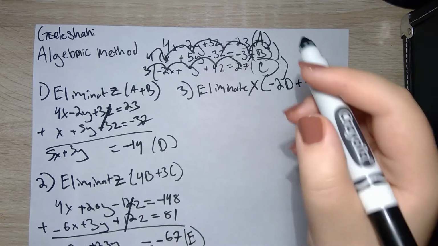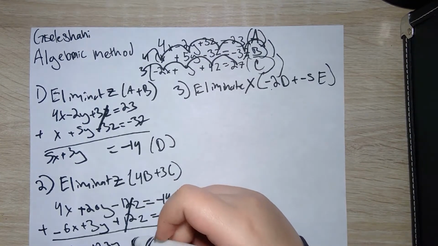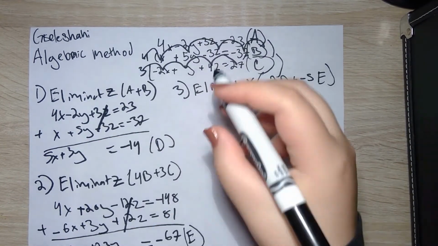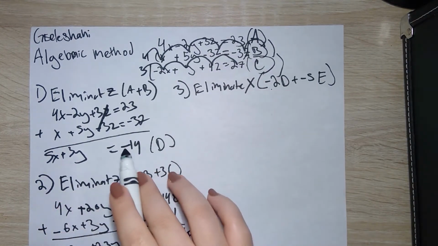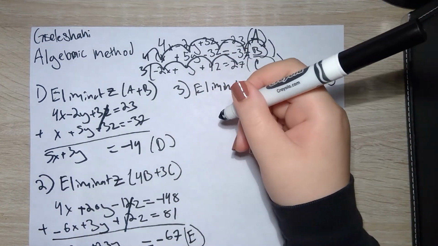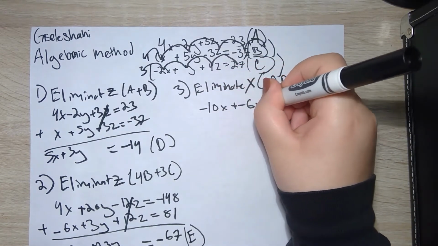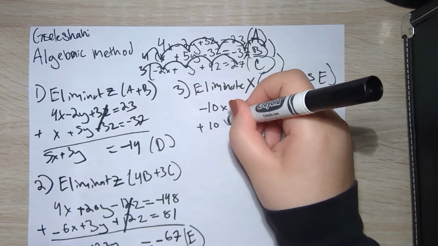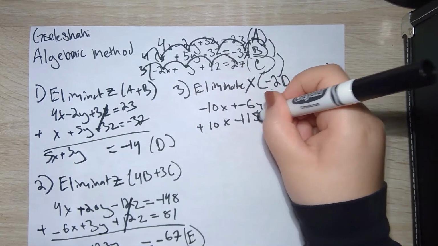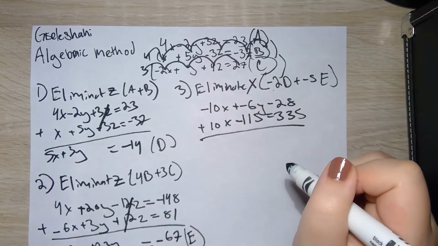Again, with the -2 and the -5, because nothing really equals here, we're going to multiply these equations again. So it'd be the -2 times the 5 and times the 3 and times the -14, which would be -10x plus -6y minus 28 plus 10x minus 115 equals 335.